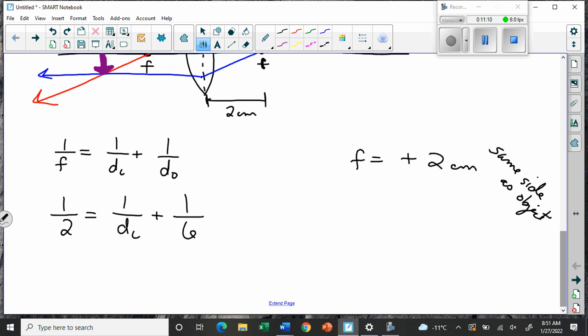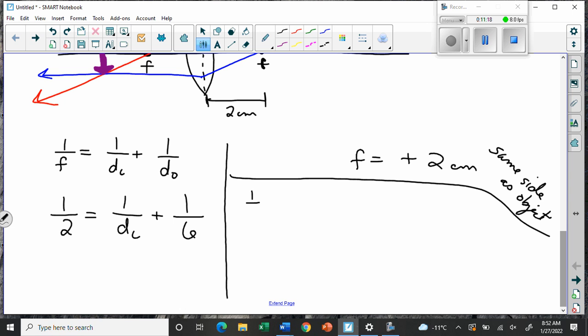So what I'm going to do is just work over here so I can keep the screen where we can see it. So what we end up with is 1/2 minus 1/6, which equals 1 over di. Okay, and so 1/2 minus 1/6, if we do a common denominator here and change this to 3/6 minus 1/6 equals 1 over di.